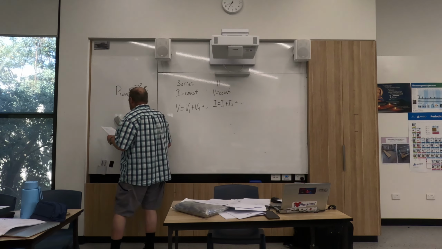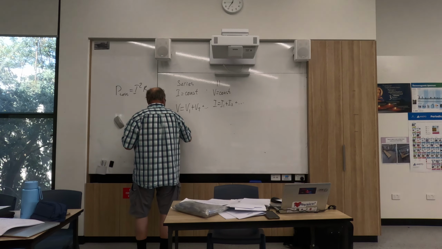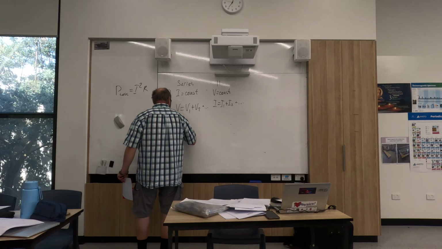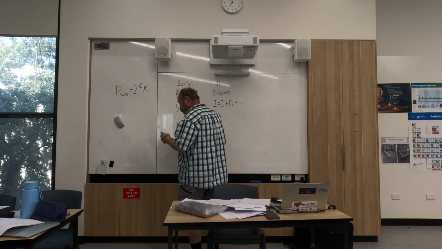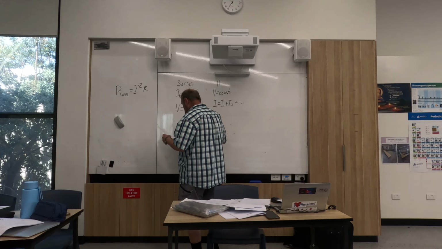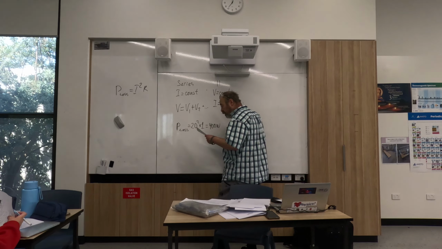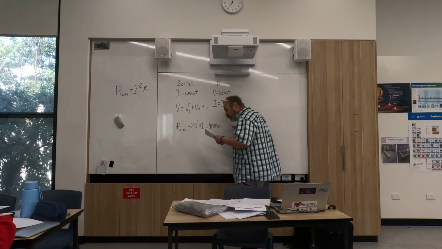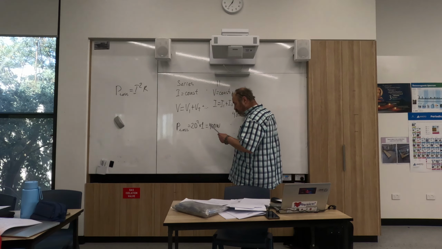If we calculate for the series connection, we get power loss of 20 squared times 1, equals 400 watts. For parallel, we will have the current 480 amps squared times 1.